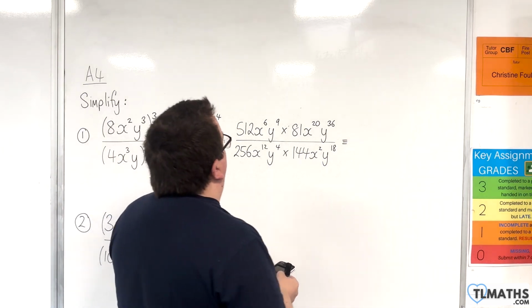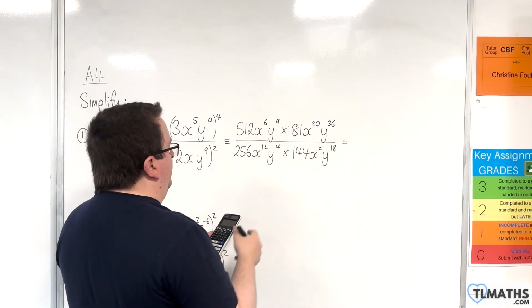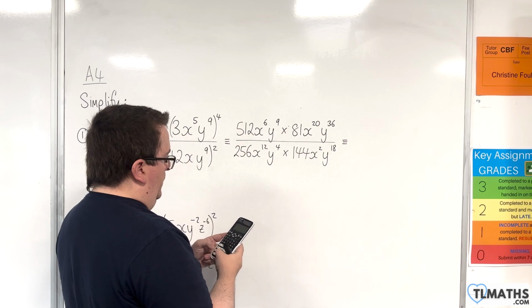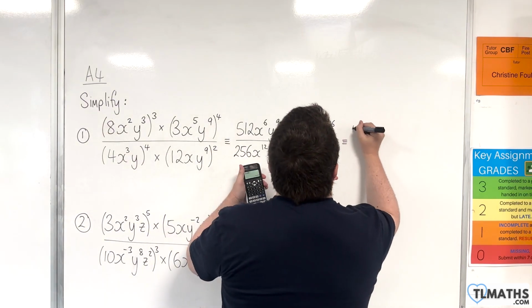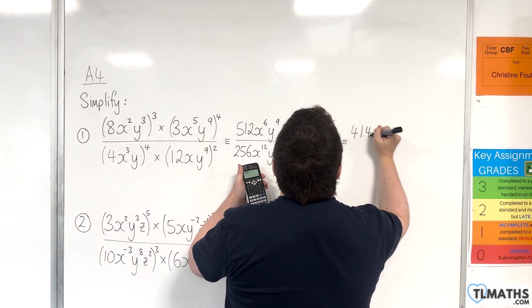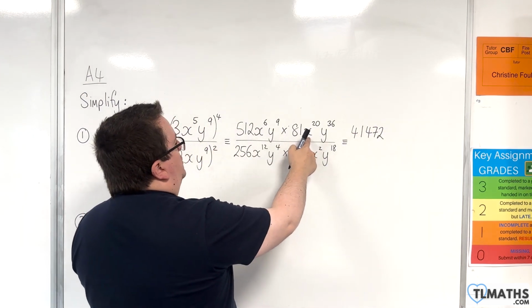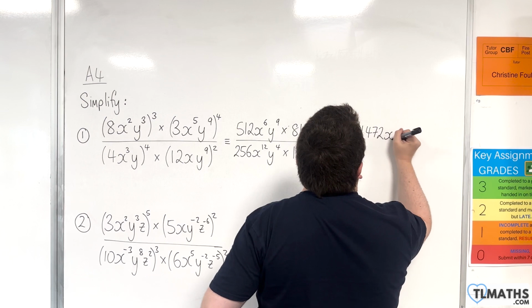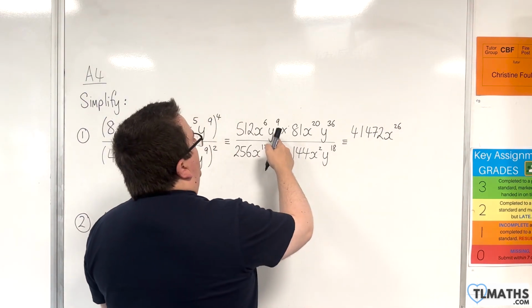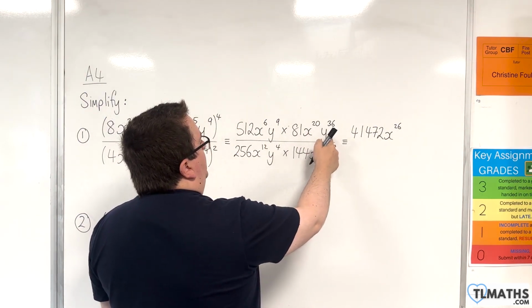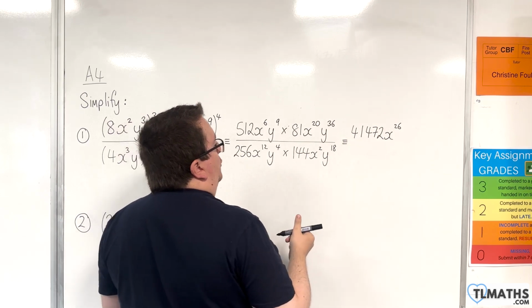So in the numerator, we have 512 times 81, which is 41,472. We then have x to the 6 times x to the 20, which is x to the 26. Then we have y to the 9 times y to the 36, which is y to the 45.